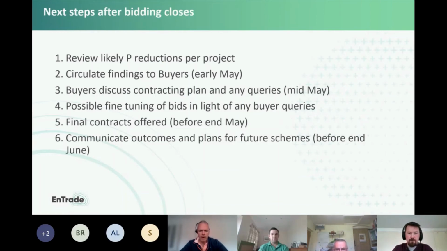We'll send those to the buyers, who in this case are Wessex Water and Wiltshire Council, for them to look at. They will work out how they want a contract, and if there are any queries, it might be that there are a couple of fine tunings of bids or just clarifications that we'll come back to you with during mid-May.